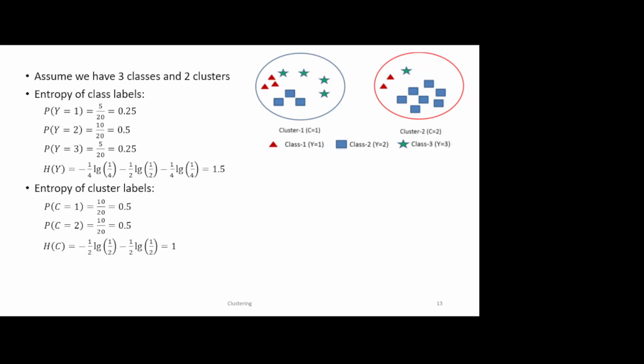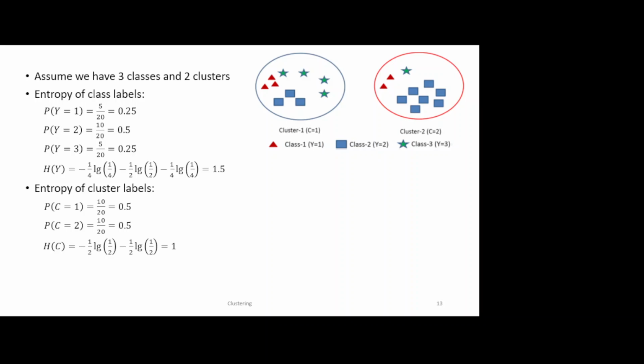First we can calculate the class label entropy. Here it means you just consider your total data points, all together. There are 20 data points, and there are three different classes, right? For class 1, there are 20 data points and 5 of them are class 1. So you can calculate their probability like this, right?